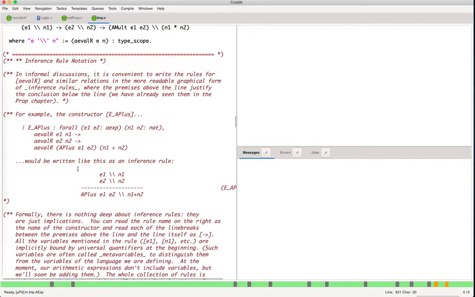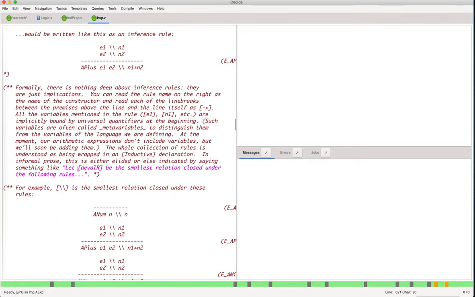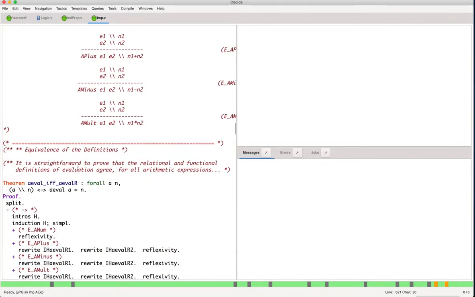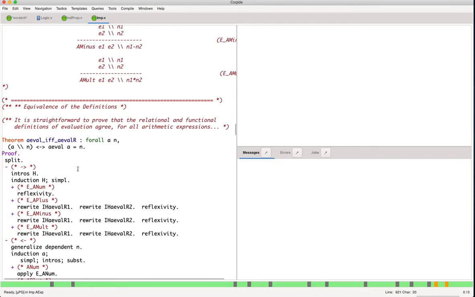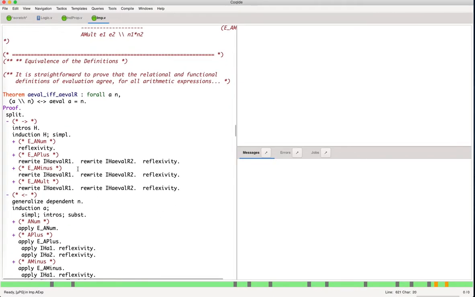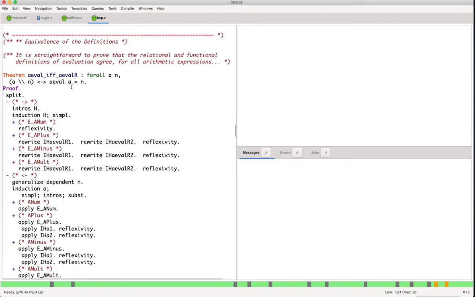If we go back, skip over all the inference rule stuff, ideally we would want to know that they're the same in some sense, right? So here's a theorem that says if A and N are in the A eval R relation, then it must be the case that feeding A to the function gives us N, and vice versa.